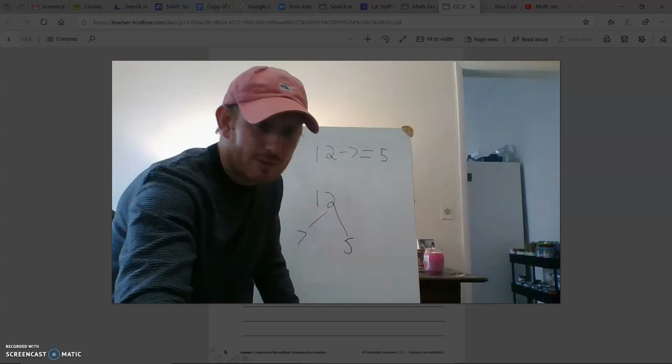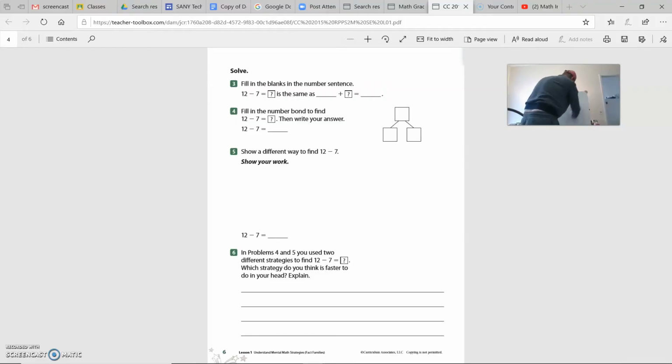And our last question is asking us to show a different way to find 12 minus 7. That might have been a little confusing, but actually, you know a lot of ways to figure out a math problem. I'm going to show you 2.